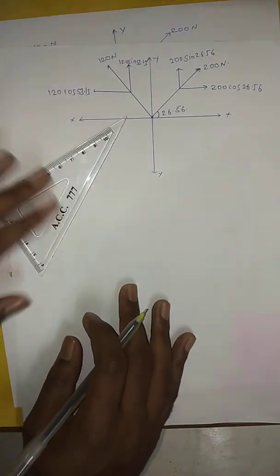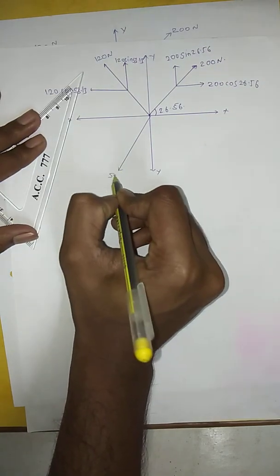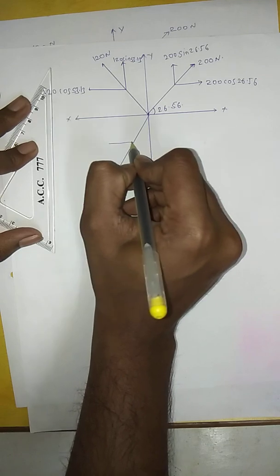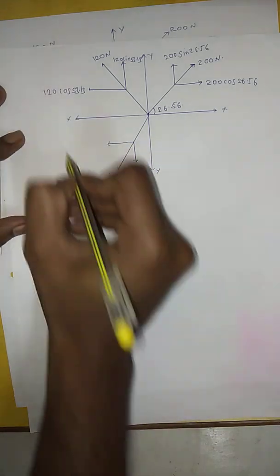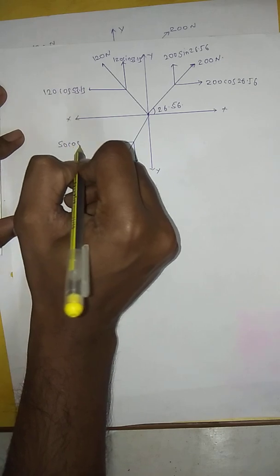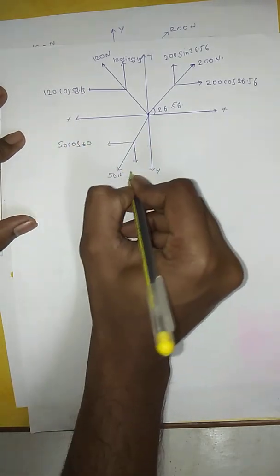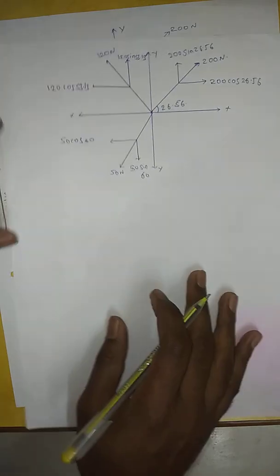Okay, now here 50 Newton force is given. Okay, so resolve as per this quadrant. So this will become 50 cos and angle given is 60. This will become 50 sine 60.